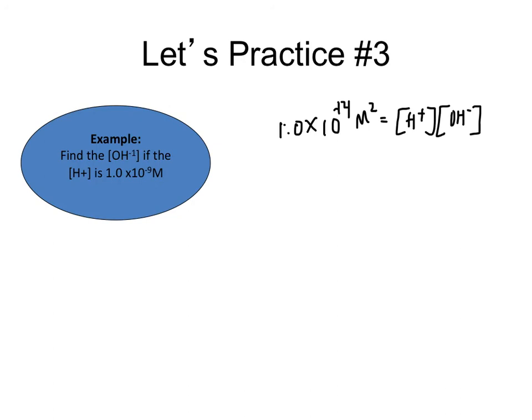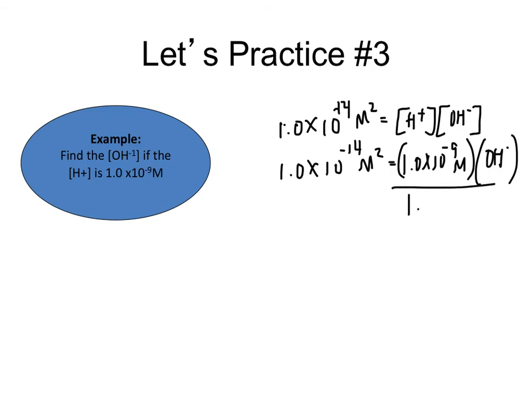In this case, we would take the value of 1 times 10 to the negative 9th, plug it into the equation, and solve for the hydroxide ion concentration.